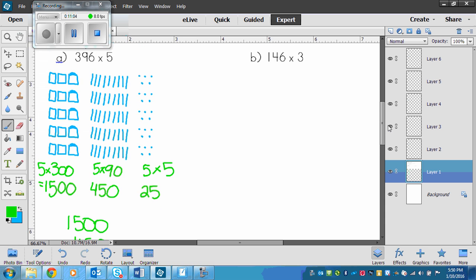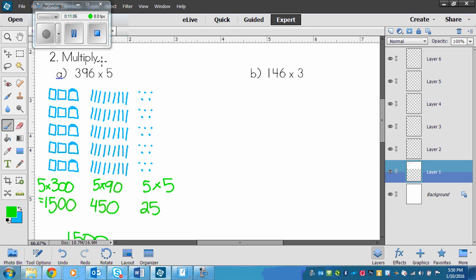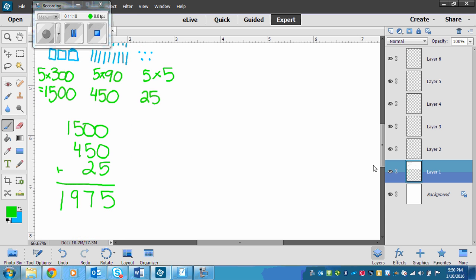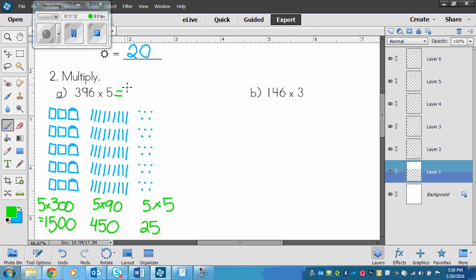So that tells me that 396 times 5 equals 1,975. And so that's one of the strategies that you can use to help you solve. If this one works for you, then go ahead and use it.